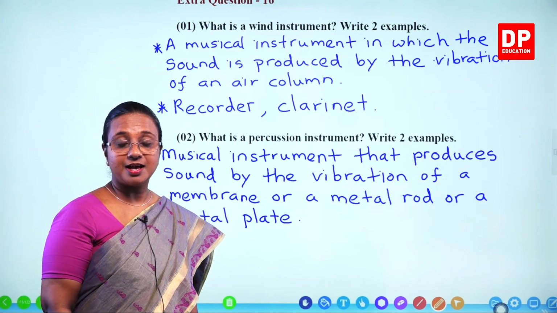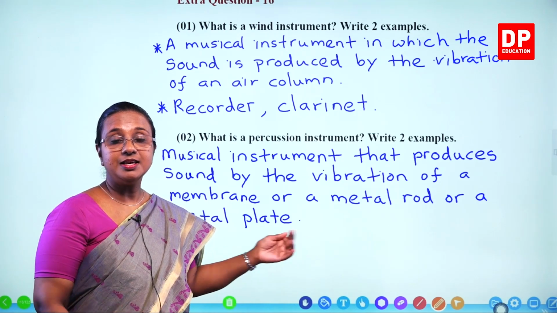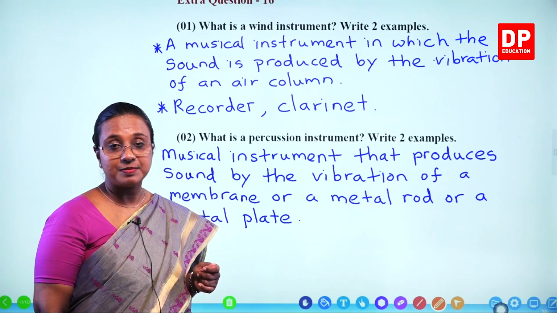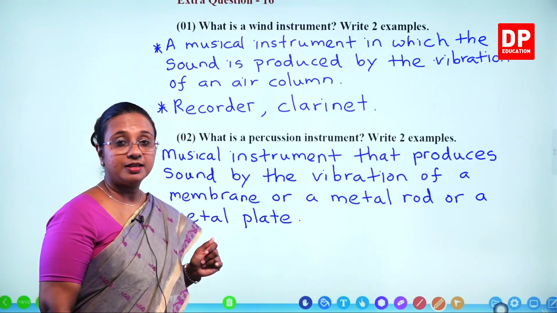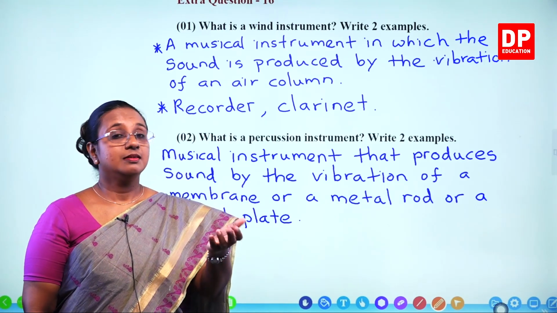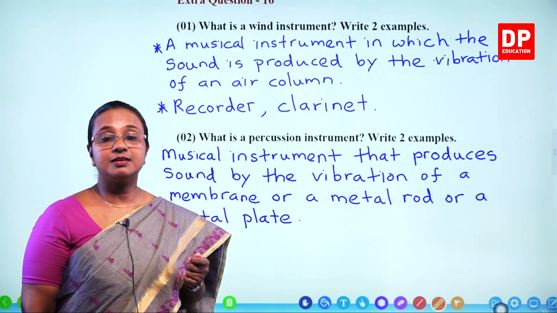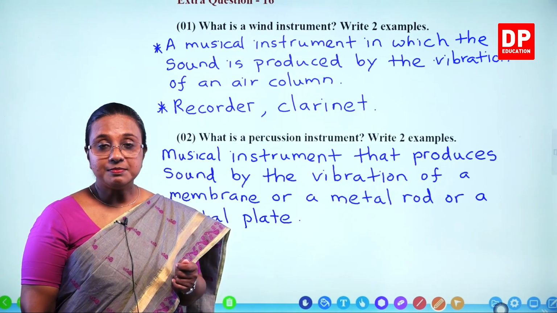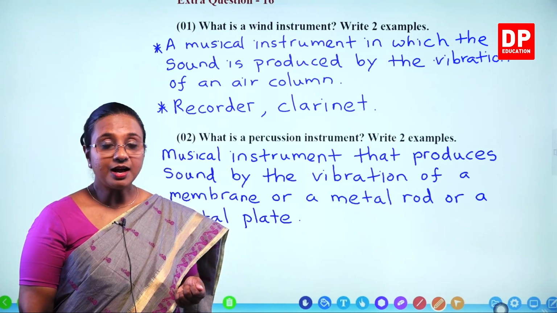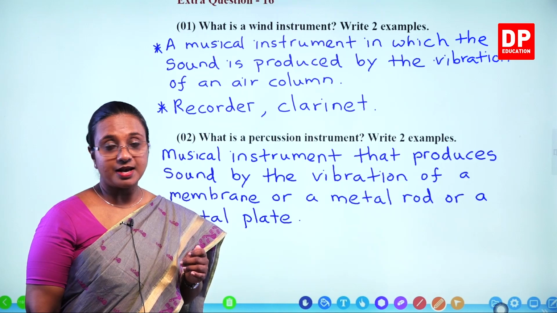Write 2 examples. Again, we have been discussing many different examples. What can you write? You can talk about the drum, the rabana, then any other instrument like xylophone, the cymbal, or even the thal. So we can write any 2 of the examples.